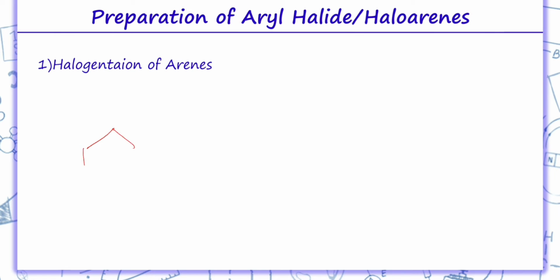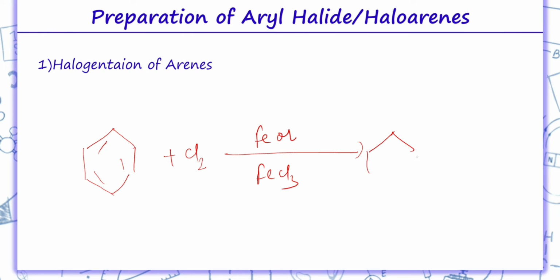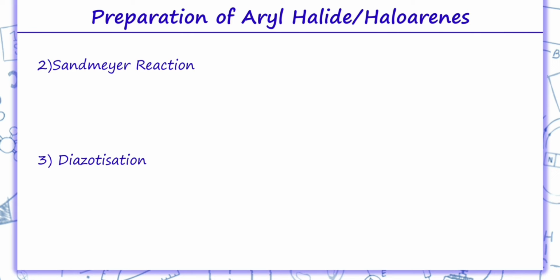So now starting with the first preparation, halogenation of arenes. We have arenes, and on halogenation, that is when it reacts with Cl2 in presence of iron or FeCl3, we get chlorobenzene. This is how haloarenes are prepared from arenes. Next is Sandmeyer reaction. In Sandmeyer reaction we take aniline, C6H5NH2.